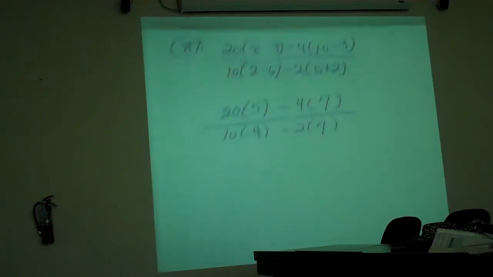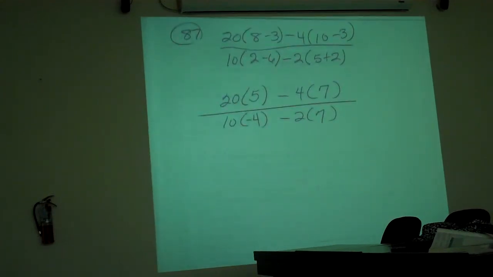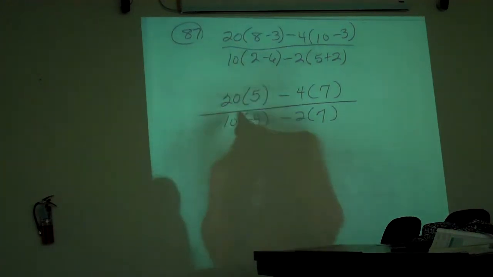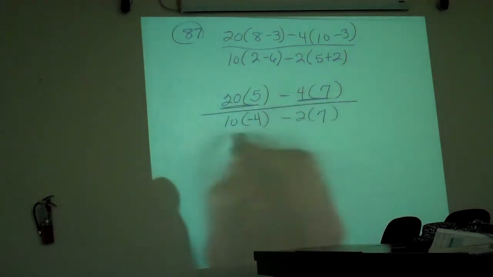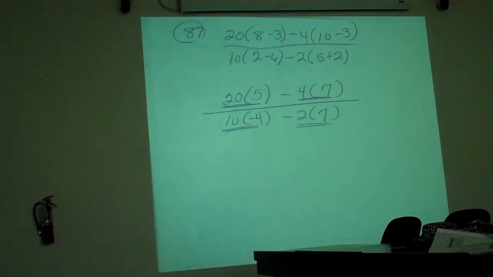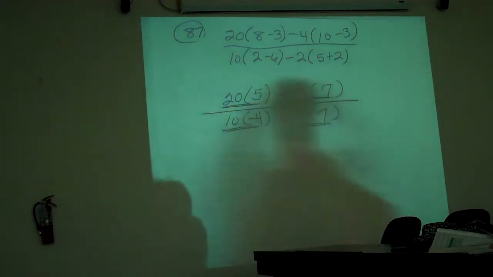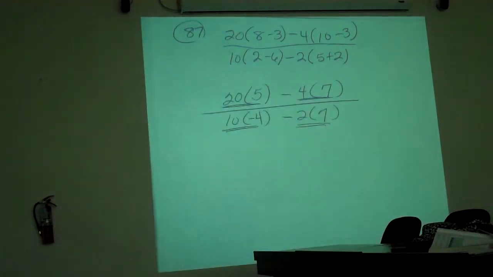Okay, let me scoot it up. Okay, we've done the parentheses that are there and the exponents. Now, multiply and divide from left to right. Let's do all this multiplying, each one of those. We're not going to do the division until we have one number on top and one number on bottom.